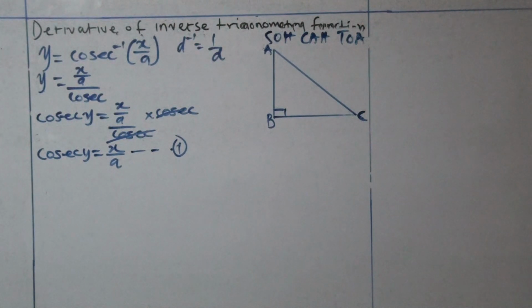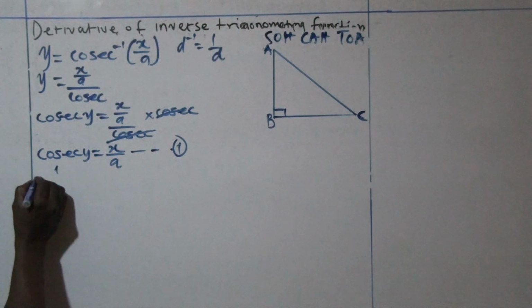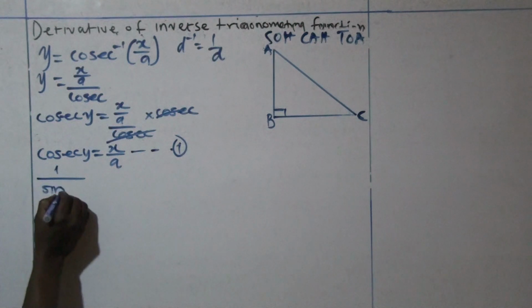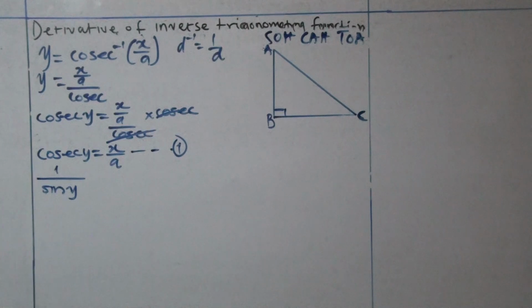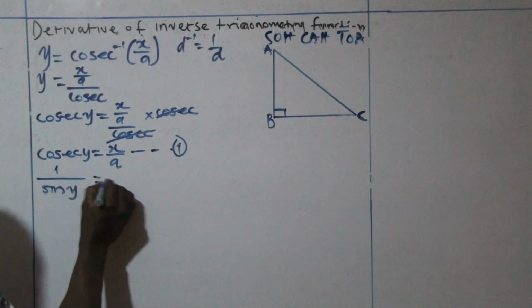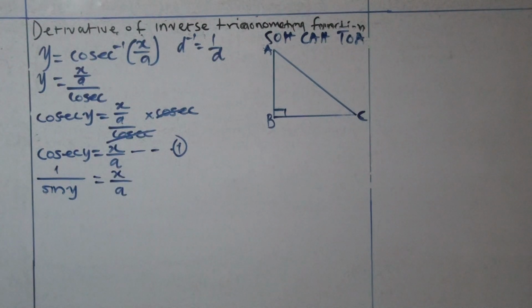Then the next step is that we also establish the fact that cosec is 1 over sine. So this expression cosec y is the same thing as 1 over sine y, which is equal to x over a. Here we want to make sine y its own expression.